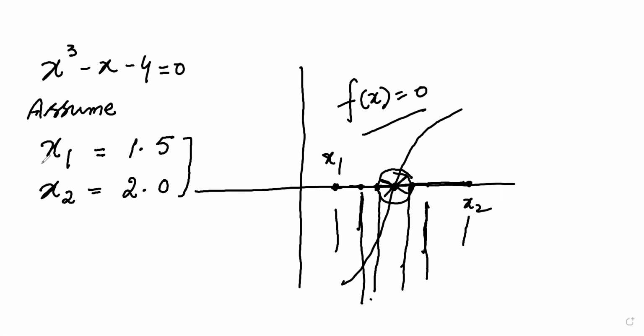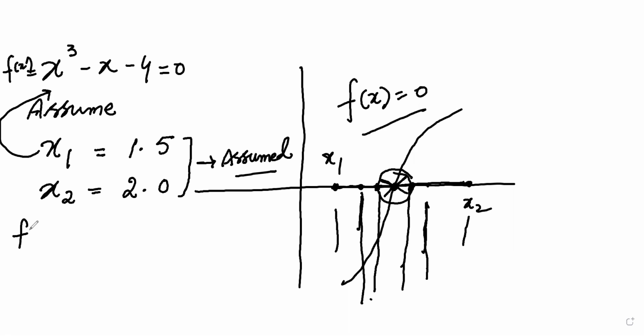These are just assumptions, a total assumption we are making. Now substitute the value of x1 back in this equation. This is our f of x.